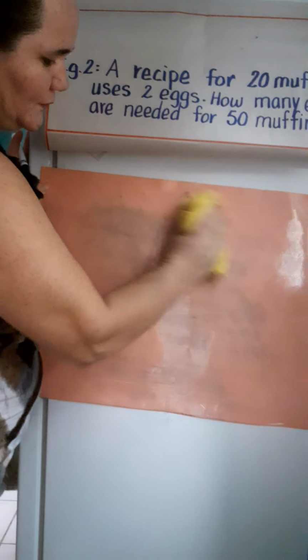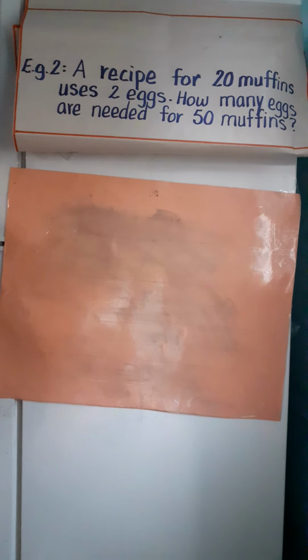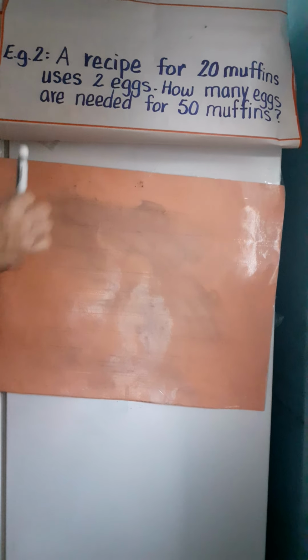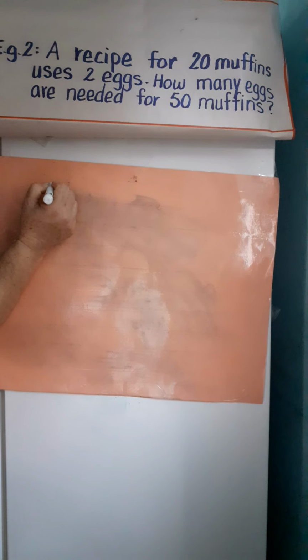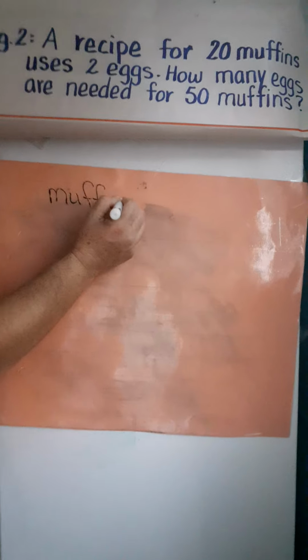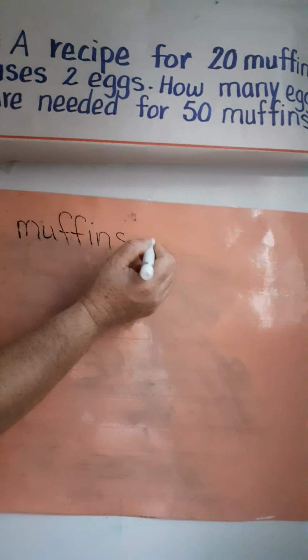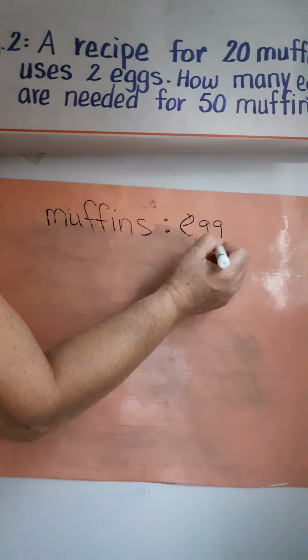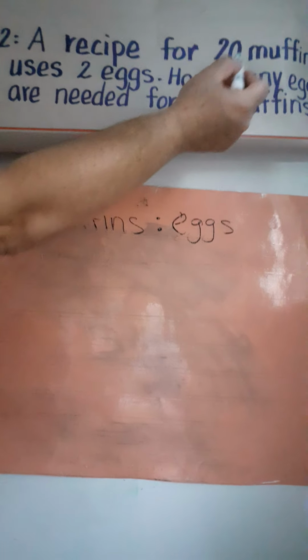Okay? So, we set up our problem. This is talking about muffins and eggs. So we write muffins, 2 eggs. Okay, 20 muffins.